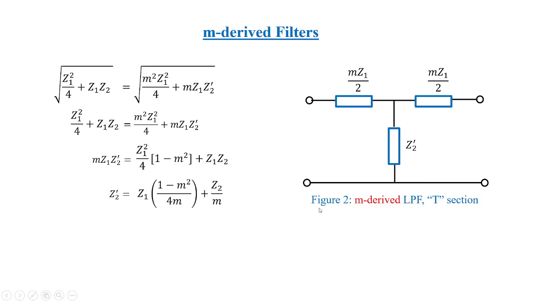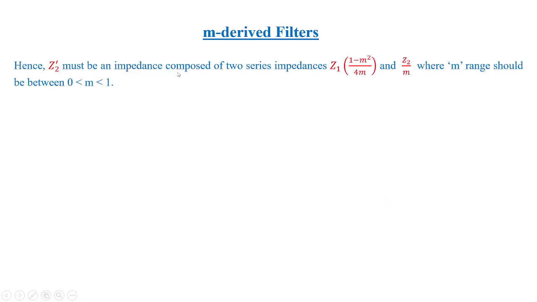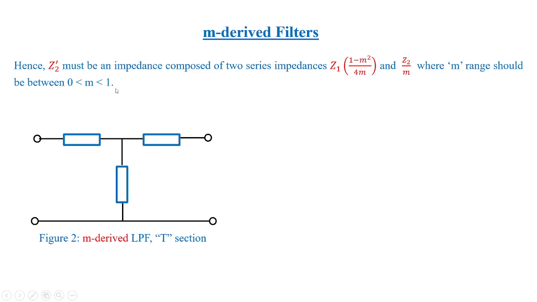Hence in figure 2, Z2 dash can be replaced by this formula. So Z2 dash must be an impedance composed of two series impedances, that is Z1 of (1 minus m square) by 4m and Z2 by m, where m should be between 0 and 1. It's a minute change, that's why it should be within this limit.